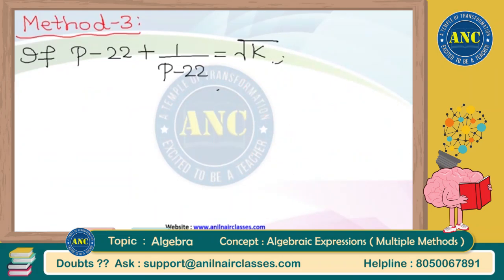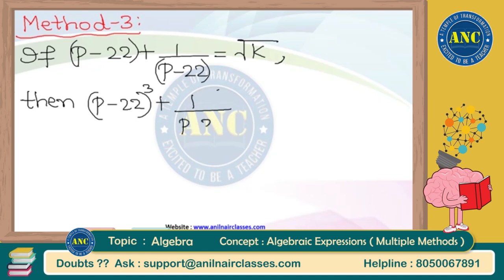If p minus 22 plus 1 divided by p minus 22 is root k, then, if you have understood earlier concepts, p minus 22 whole cube plus 1 divided by p minus 22 whole cube is nothing but equal to this root k, I will write it as it is, and the other multiplying factor is, forget about the root, k whatever you have, subtract 3 from that.